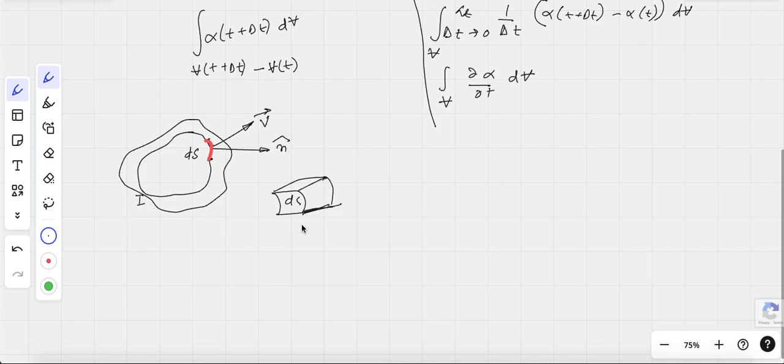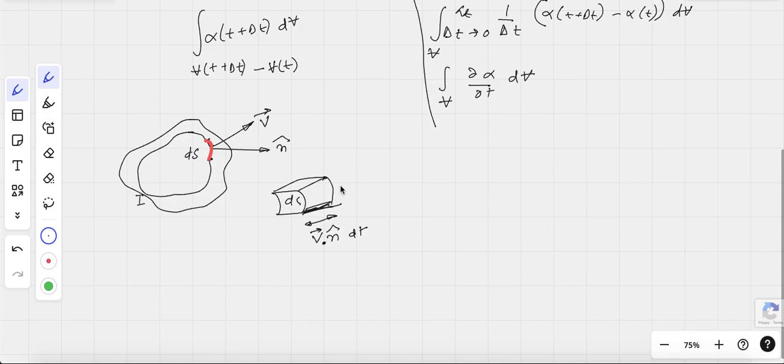So this distance is in the direction of the normal, so we take a dot product, and it has moved, let's say the difference is dt, right? A very small difference.